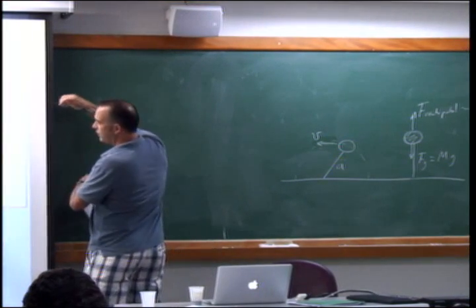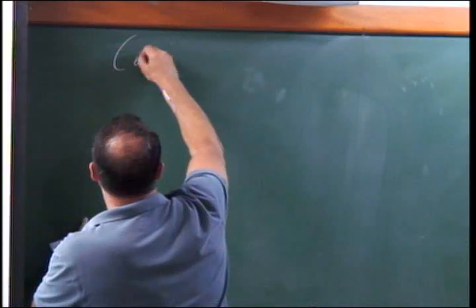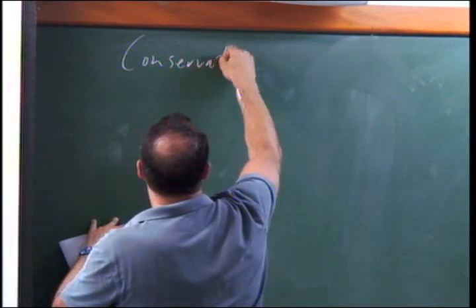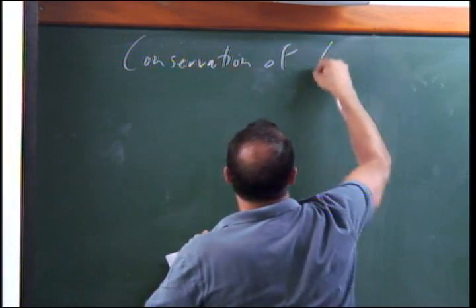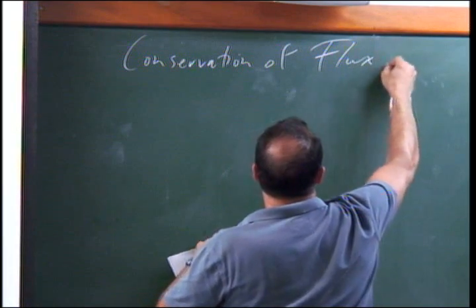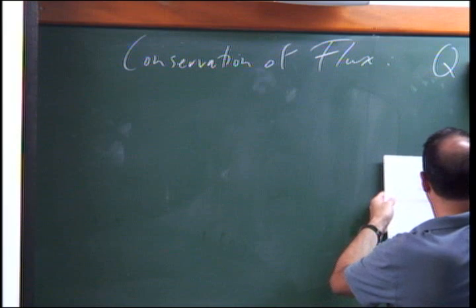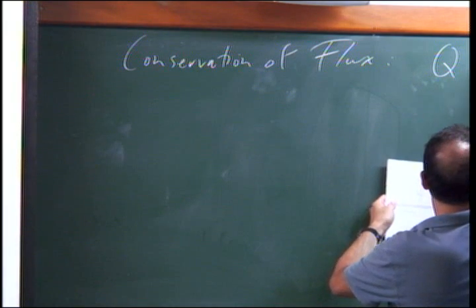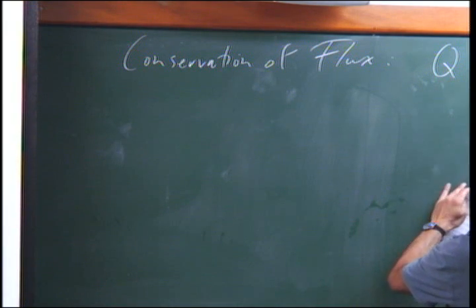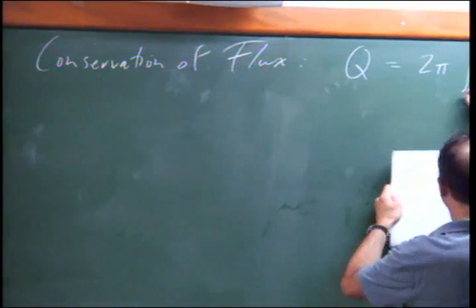Okay, now we know in the system that Q is independent of height, so this is going to be 2 pi r.